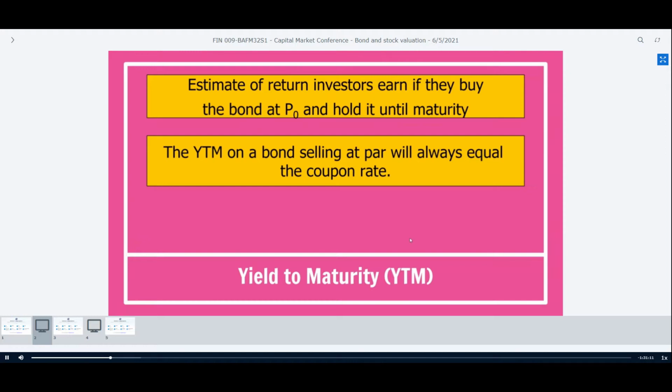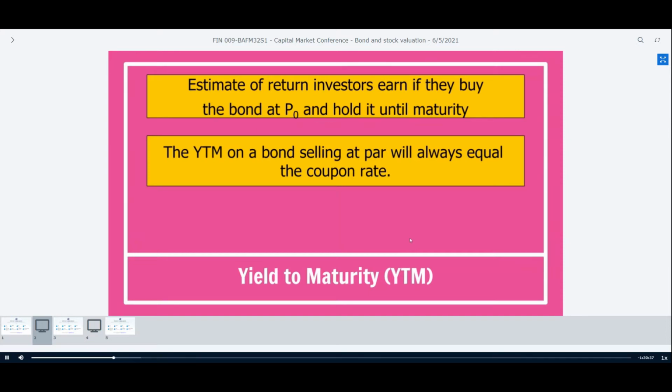So I'm sure at this stage, you have felt that we're always looking at the investor side, no? So in YTM, or simply in bond investment, we're the investor. No, we're always talking about the investor's side, or investor's point of view. So the YTM on a bond selling at par will always equal the coupon rate.